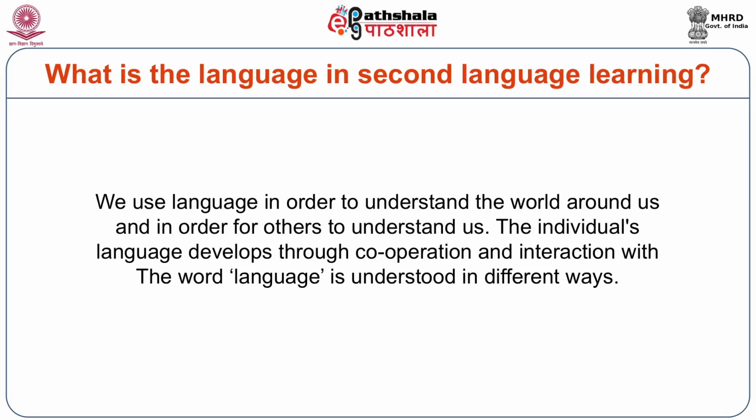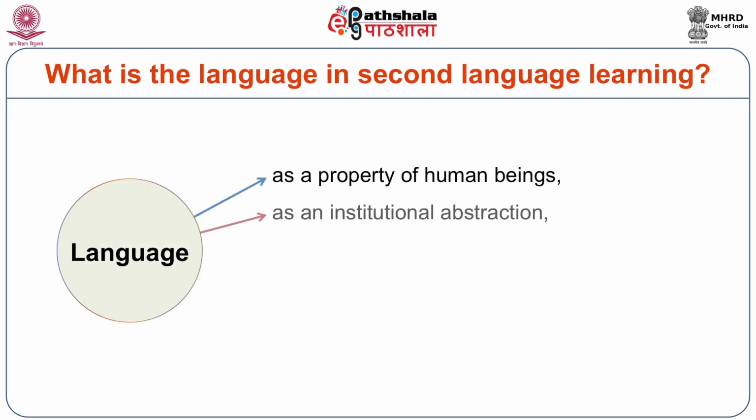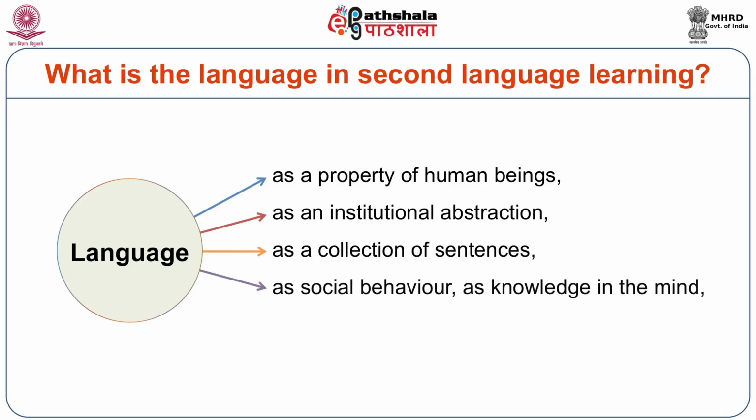The word language is understood in different ways, including language as a property of human beings, language as an institutional abstraction, language as a collection of sentences, language as a social behavior, as knowledge in the mind, and as a form of action. We say that language is a human property.